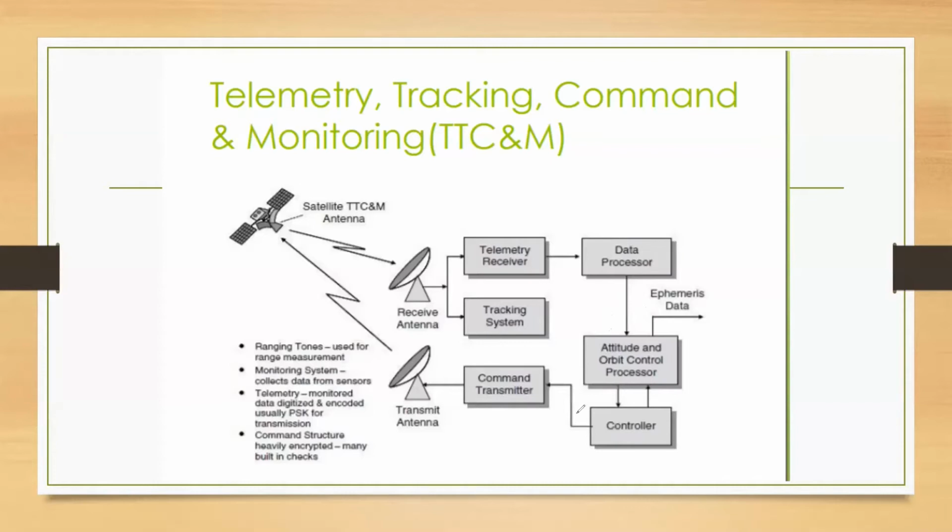Now, these control signals are sent to the command transmitter at the Earth station, which sends them back to the satellite. Regarding the command being received, I told you that this command is decoded, and it is heavily encoded, so that nobody can try to hack your signal and harm your satellite.